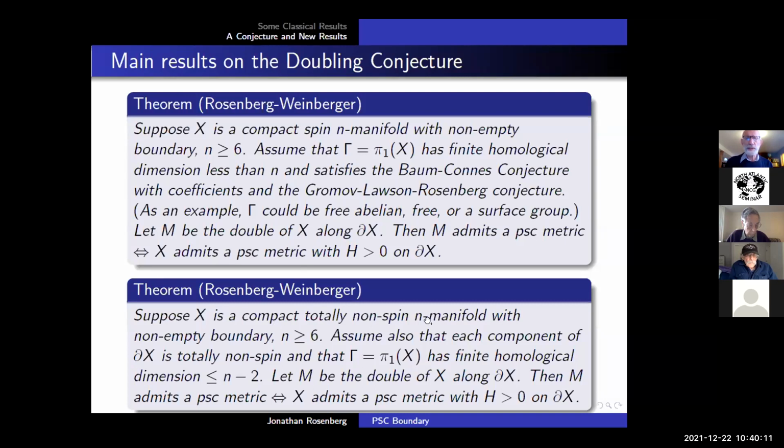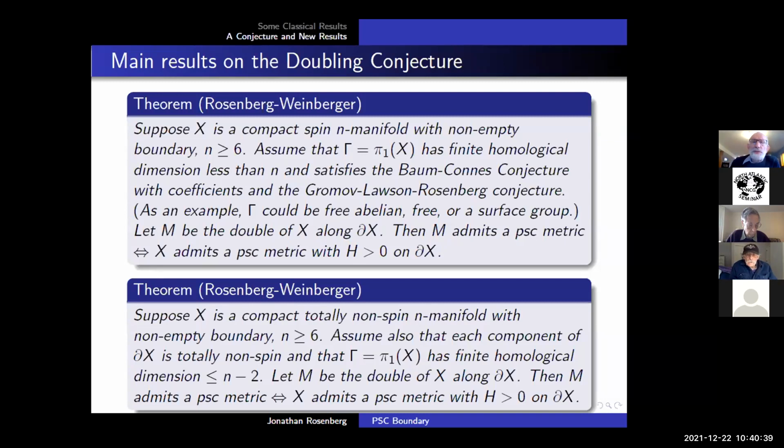So both the spin and the totally non-spin cases are proved in a kind of similar way. Basically, what you have to do is start with some situation where you have positive scalar curvature with product boundary conditions. And that you can get using the previous theorem, the one I was just talking about before.